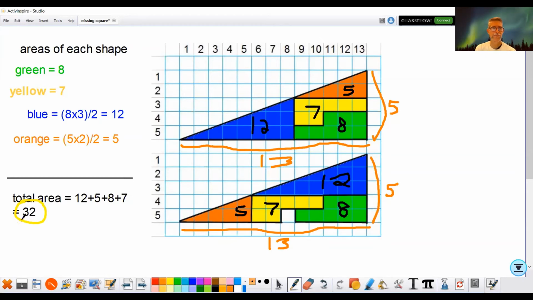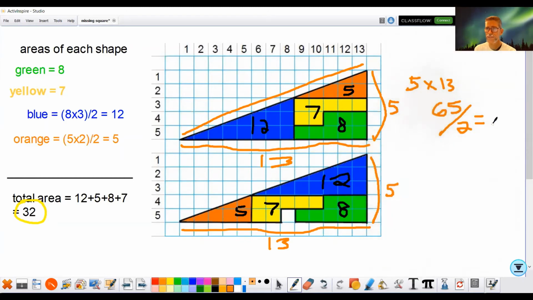These four pieces add up to 32. Well, let's check out the area of the triangle. This is a big old triangle here. Once again, area of a triangle: I could do base times height, 5 times 13, which is 65, and then divide it by 2 to get the area of this big triangle. 65 divided by 2, that's not 32.